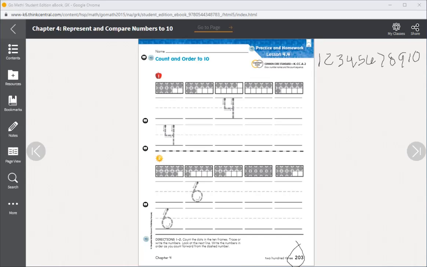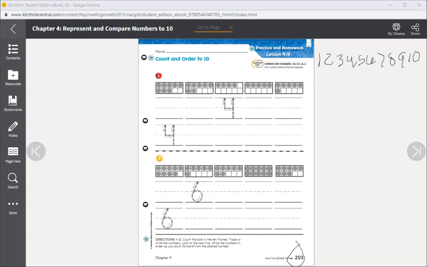So you can go ahead and write the number line so that way you know how they go in order of sequence, okay? 1 through 10. You could definitely do that. Start with 1 and keep writing and counting till you get to 10, okay? And then you can always look at this to make sure that you put them in the order that they're supposed to go, okay?